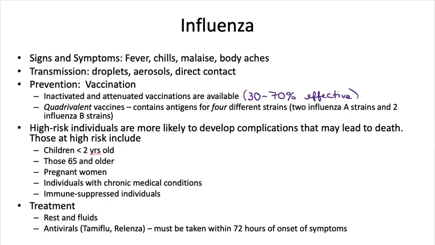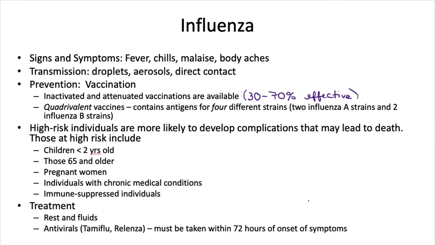So young children under 2 are at high risk for influenza complications and death. Those that are 65 years and older are also at high risk. Pregnant women, individuals with chronic health conditions, and those that are immunosuppressed.